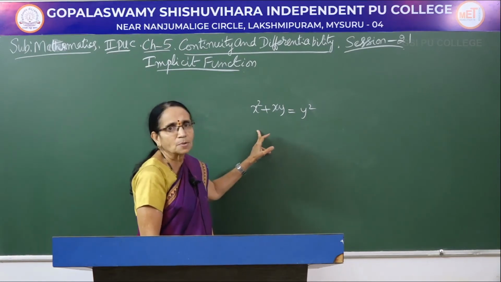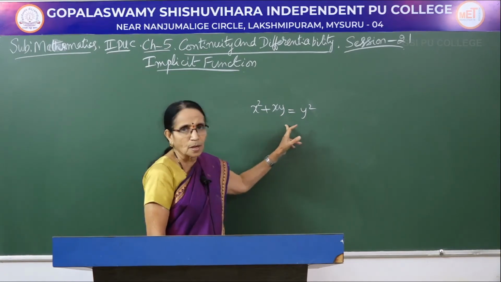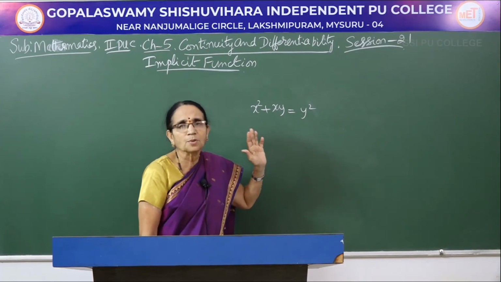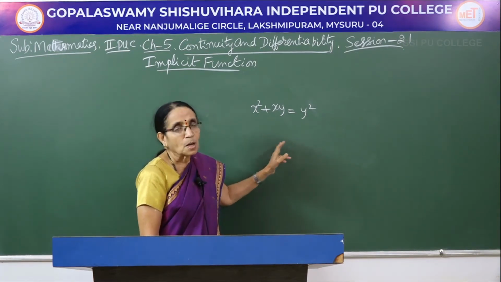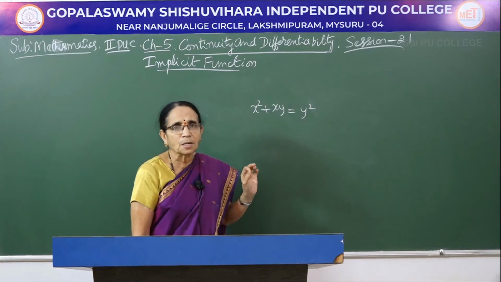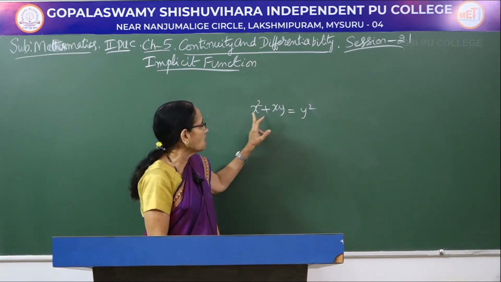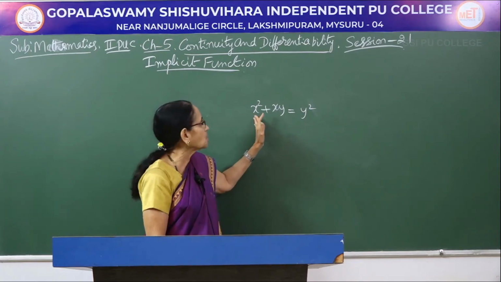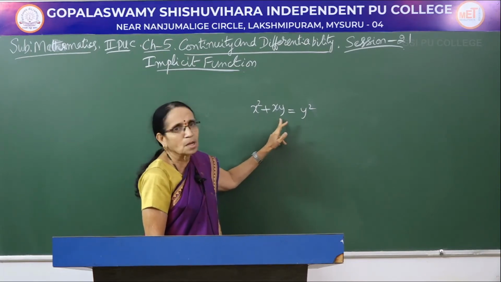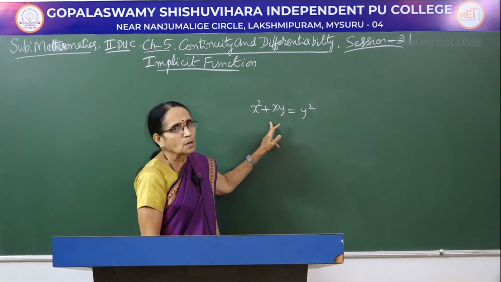Here x square becomes 2x, here xy, x into y, you have to apply the product rule. But remember, always we are differentiating with respect to x only. So, here you apply the product rule, x square is a single term, you can write 2x, x into dy by dx plus y into 1, product rule.